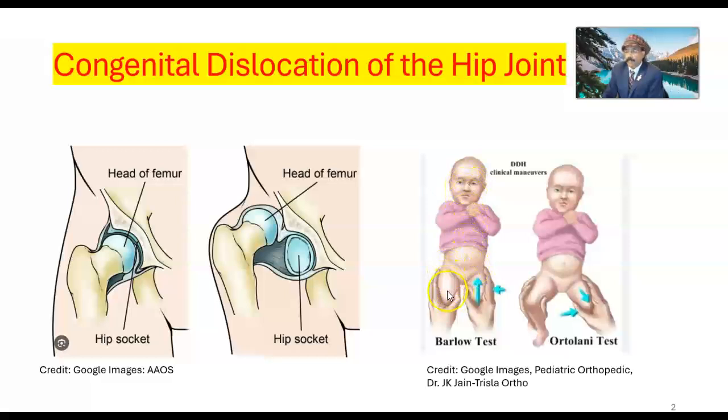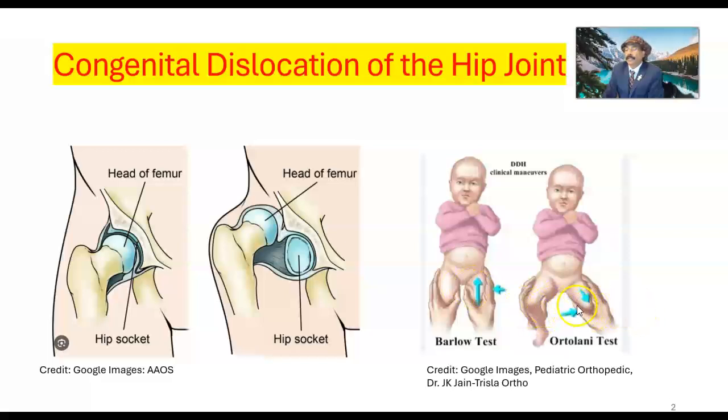The hip is flexed, the knee is also partly flexed. Then the examiner puts the thumb on the medial aspect, the upper part of the thigh, and pushes it back. In this case, it may go back, so there will be dislocation.